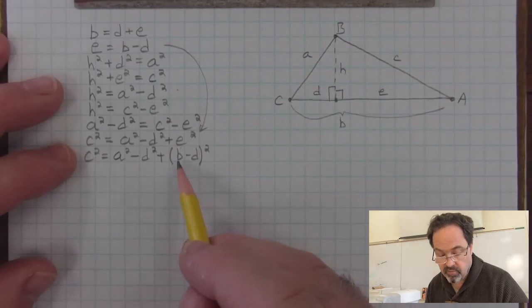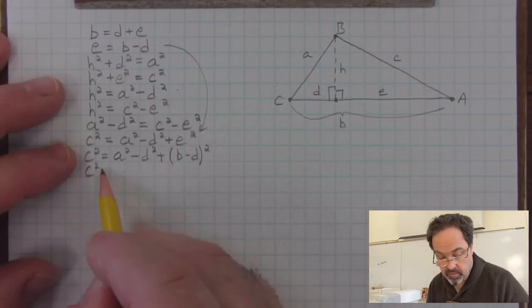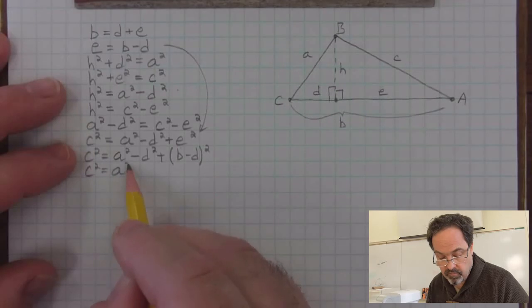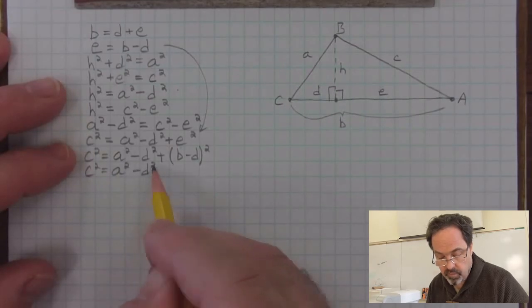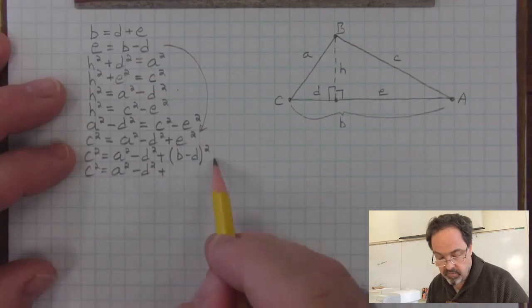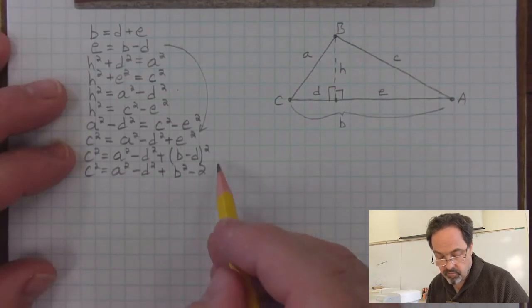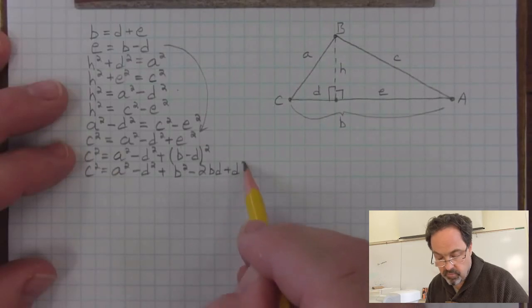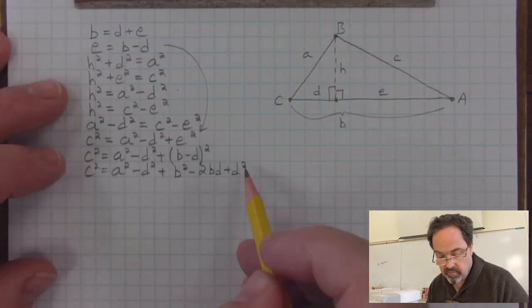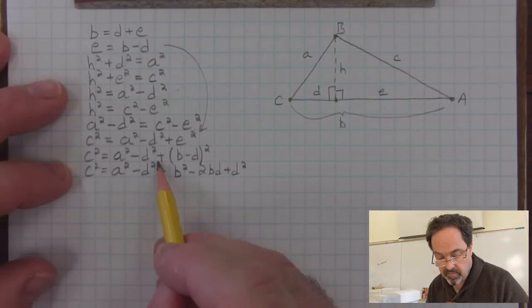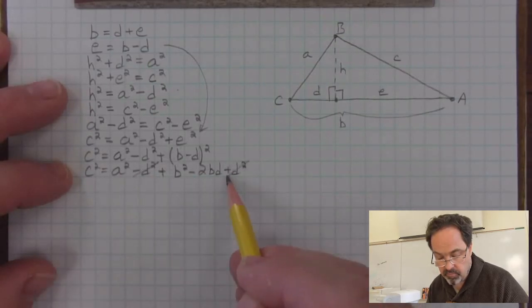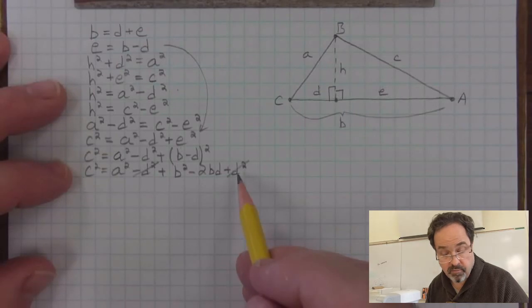I'm going to distribute this, multiplying b minus d by itself. So c squared is equal to a squared minus d squared, and I'm going to add this expansion, which is b squared minus 2bd plus d squared. And I can see that I've got a minus d squared term and a plus d squared term, which can combine and cancel.